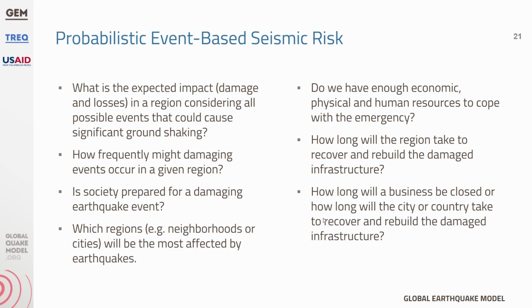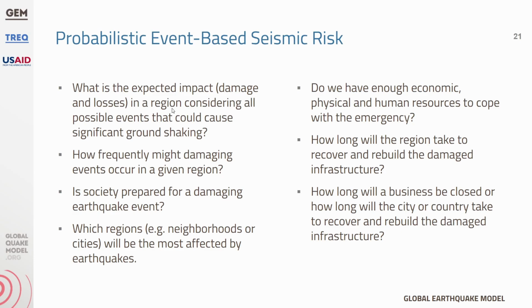In probabilistic seismic risk assessment, we want to answer questions such as these. So basically, we would be asking what is the expected impact in a given region? And when I say impact, we mean actually damage and losses, considering all possible events that could cause significant ground shaking. So the question here is deeper. It's not just a single deterministic scenario.